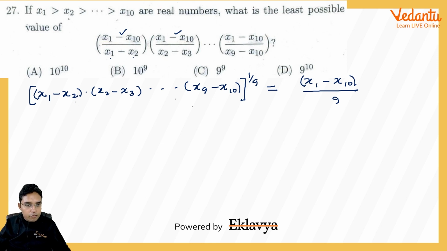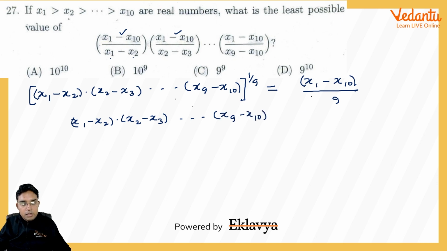So we have got this x1 minus x2 into x2 minus x3 and so on, x9 minus x10. Sorry, I have made one mistake. This will be less than or equal to x1 minus x10 whole power 9 upon 9 power 9.